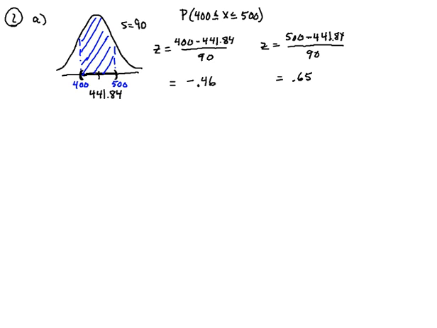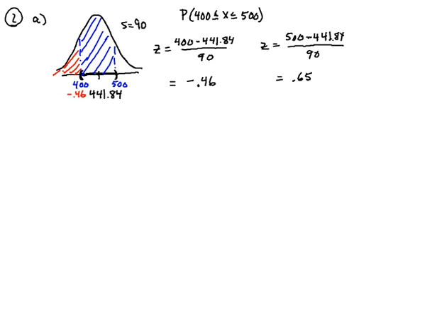Now, if I look up a negative 0.46, I'm going to get the area down. Remember, the table always reads down from the z-score. So if I look up the negative 0.46, I'm going to get this red shaded area from the table.